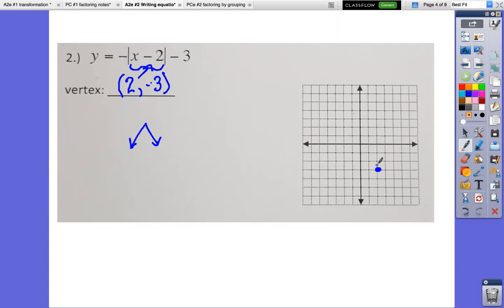Now, once you've got your vertex, now you apply your slope. Remember, this negative sign out in front is a reflection over the x-axis. This just means it's going to open down, or having a slope of -1. And remember, absolute values make V's.